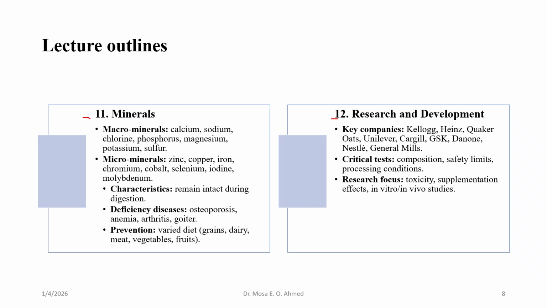And in the last outline, the 12th outline, we discuss research and development relevant to nutraceuticals, and the key companies that work in the area of nutraceuticals include Kellogg's, Heinz, Quaker Oats, Unilever, Cargill, GSK, Danone, Nestle, and General Mills.